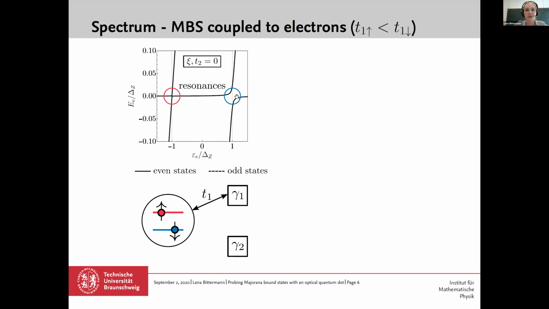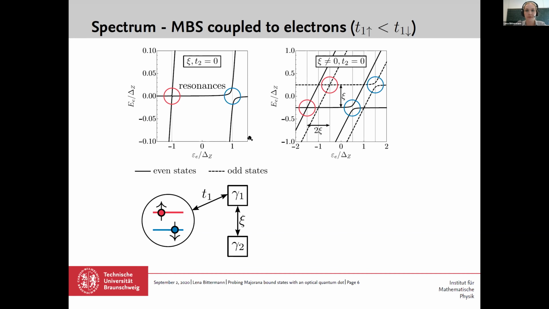And as I told you, we see that this anti-crossing is much larger due to a larger coupling to down spins. If we now introduce a finite splitting between the Majoranas, we can see now four avoided crossings in the spectrum, and even and odd states are split by Xi. Here, the dashed lines are odd states and the solid lines are the even states.